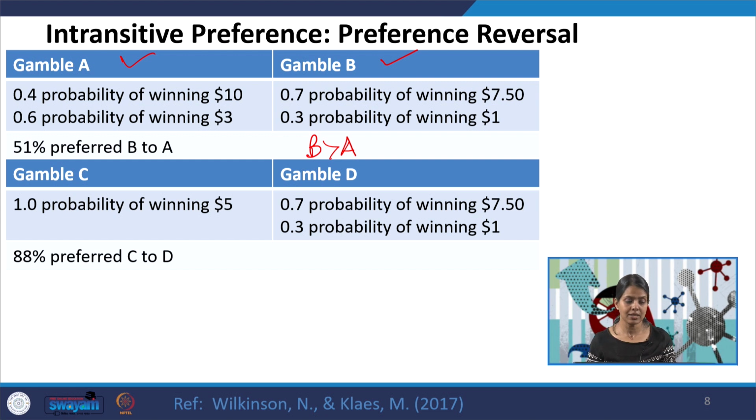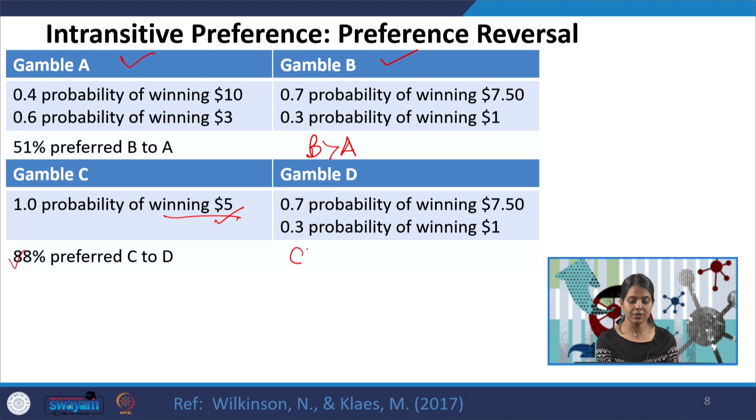Gamble C and D are defined as follows. C gives probability one, that is, complete certainty of winning $5. D gives 0.7 probability of winning $7.5 and 0.3 probability of winning $1. And it was observed that 88% preferred C to D. So, people mostly went for the sure gain.